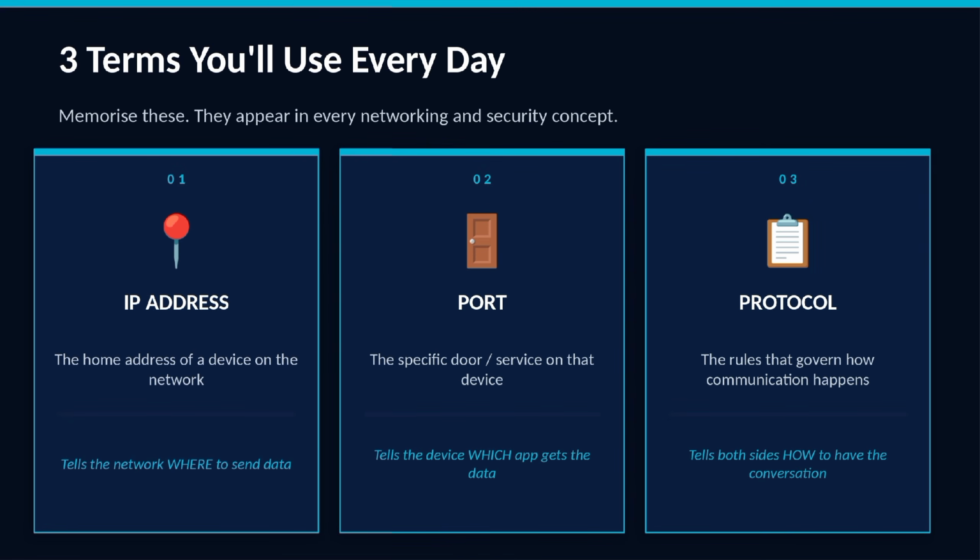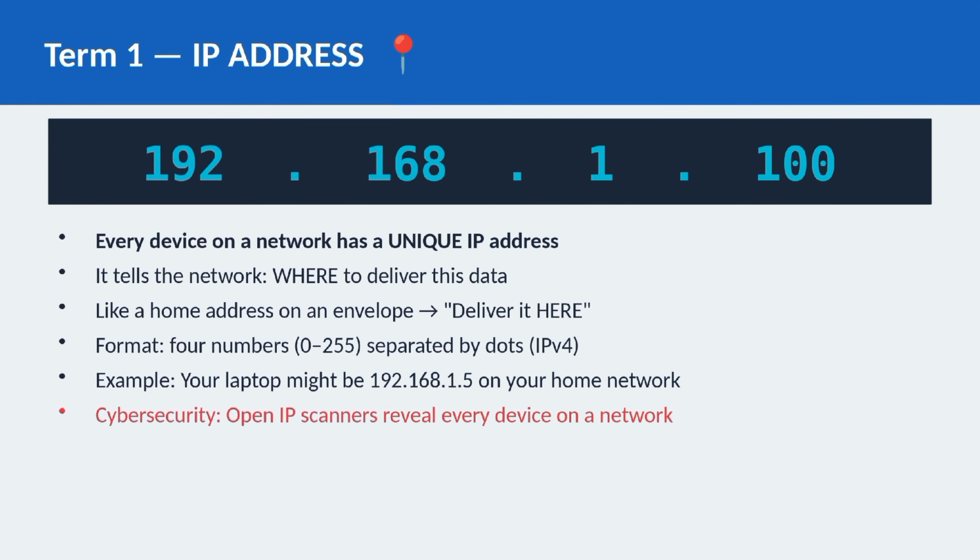All right, before we go deeper, let's define 3 terms you're going to hear constantly in this course and in your career. These are IP address, port, and protocol. Think of an IP address as a home address. When you want to mail someone a letter, you write their address on the envelope, so the postal system knows where to deliver it. A computer's IP address does the same thing.